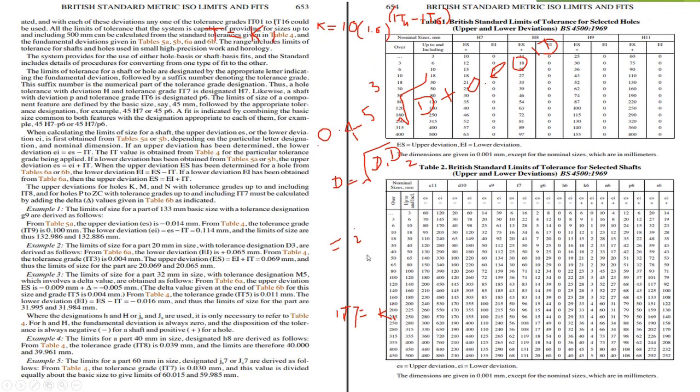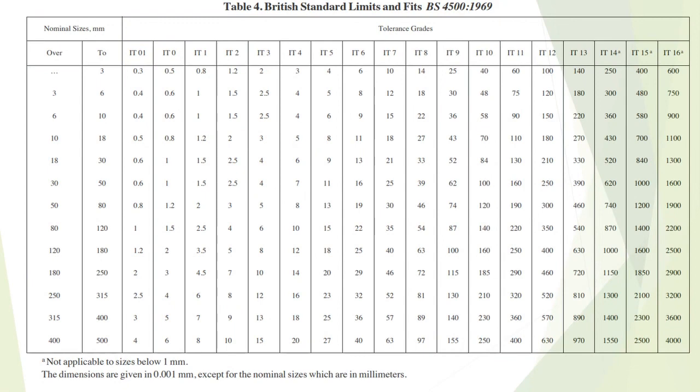When we multiply this value of I with K, we get the tolerance in mm. And here in the British standard system, which is the ISO metric system, you can find the IT grade numbers.